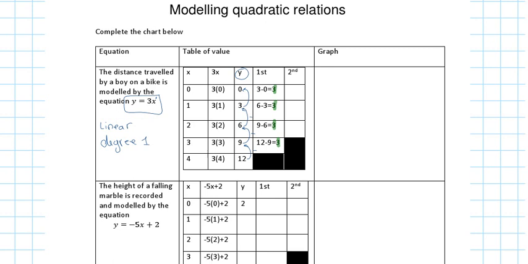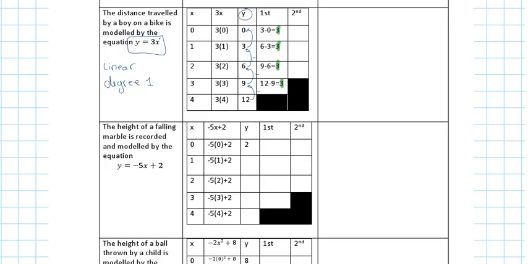First difference is constant, right? Means linear.